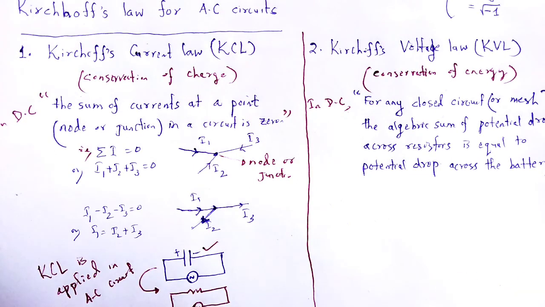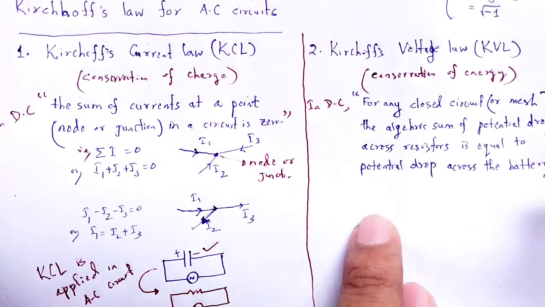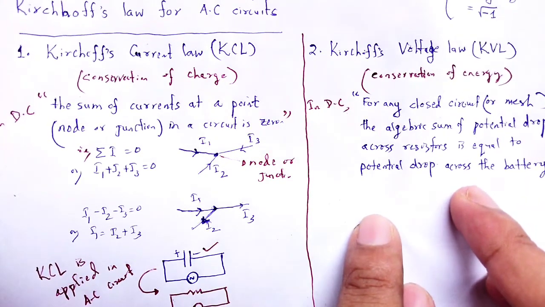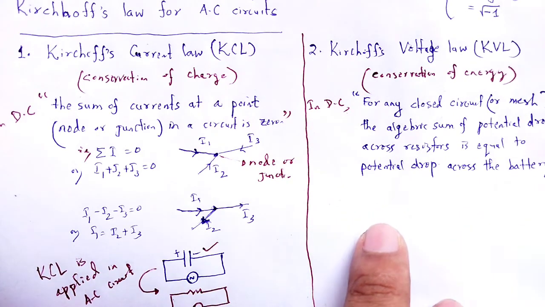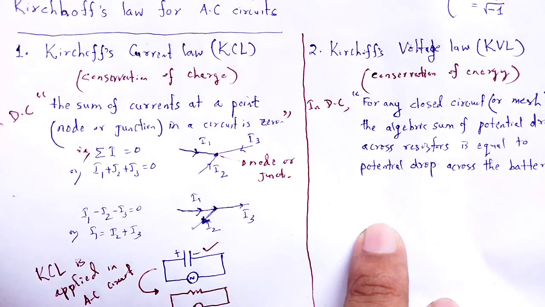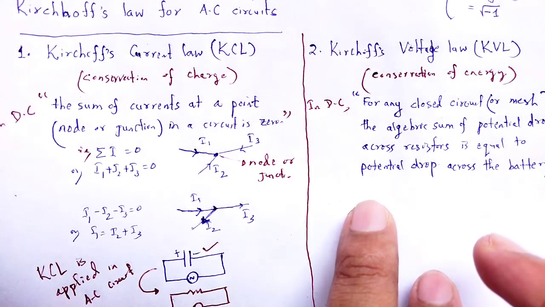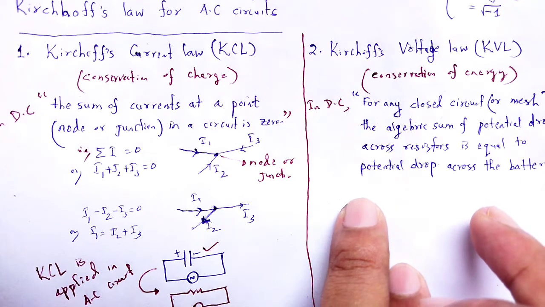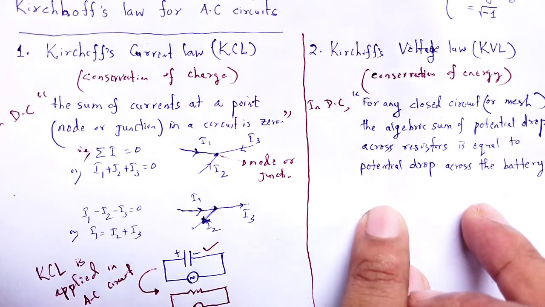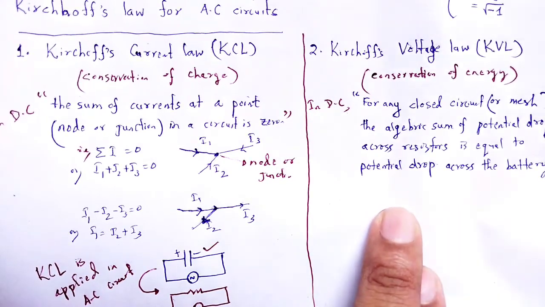Look here, in case of AC, as we say, that is the time independent current. So, if inductor and capacitors are present in an AC circuit, what happens here?